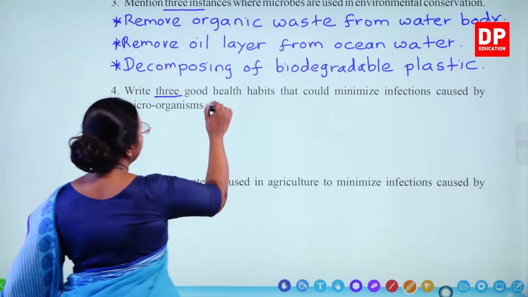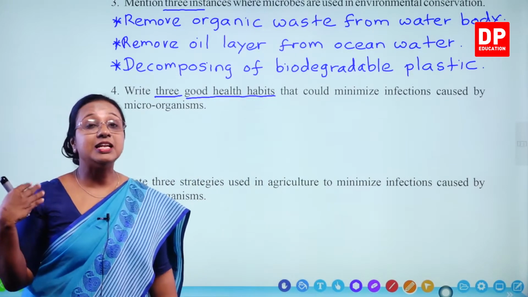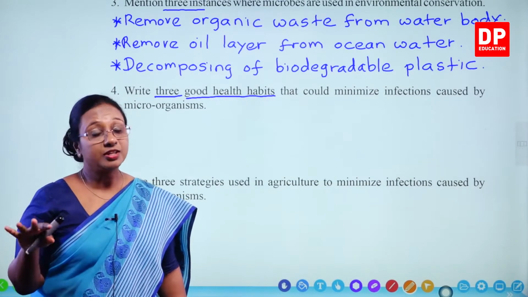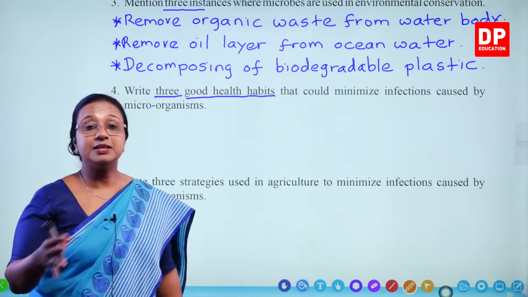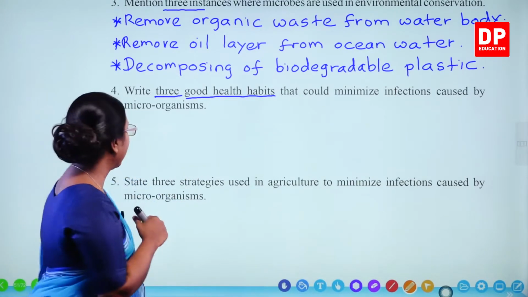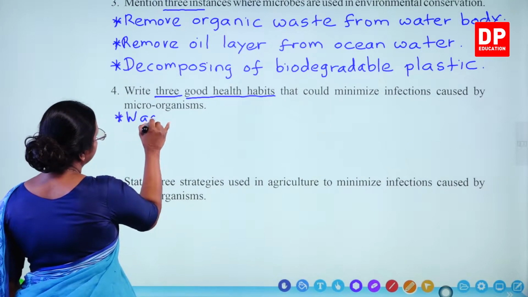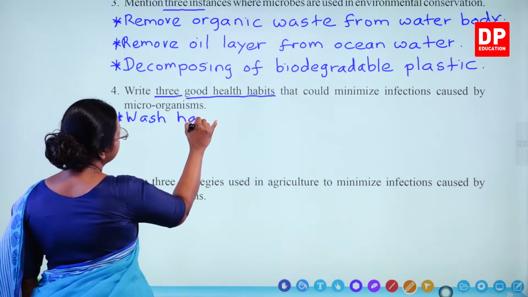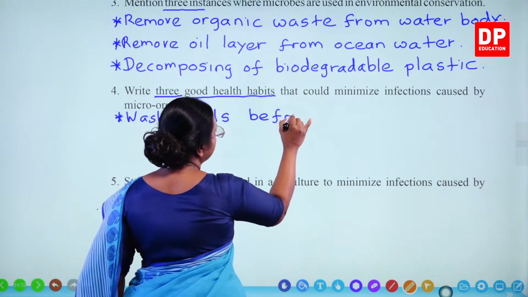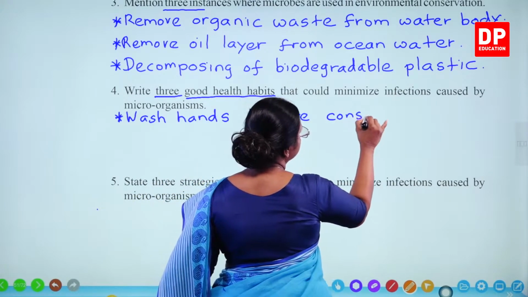So write 3 good health habits that could minimize infections caused by microorganisms. So here they have asked good health habits. So it has to be related to you. Removal of breeding sites, it is a good procedure but not a health habit. So here we can write wash hands before consuming food.